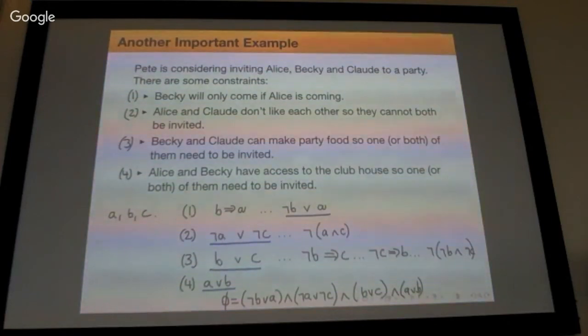You don't have to list every wording of it, you just need an answer at the end. So the question is, is it possible to assign true and false values to A, B, C in such a way that the whole formula would be true?